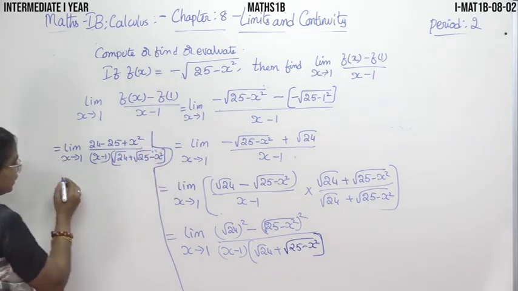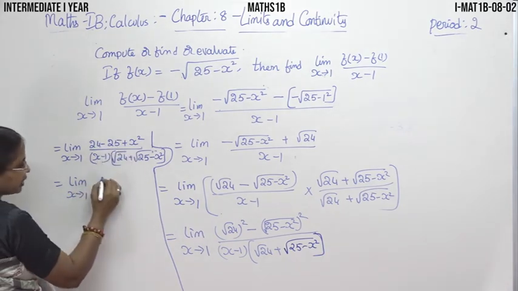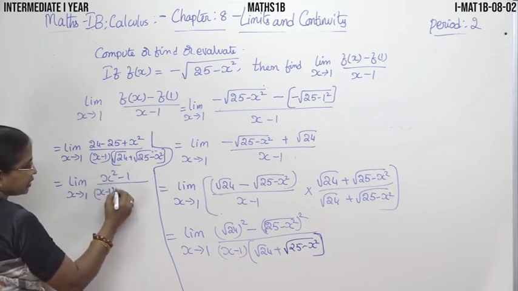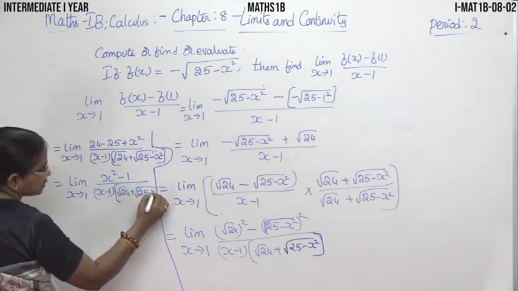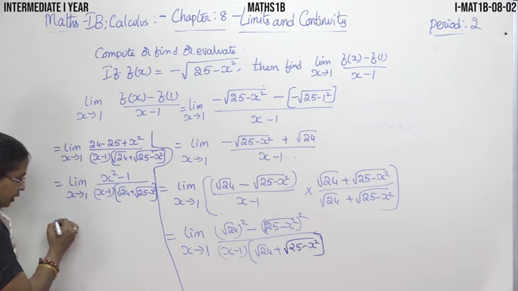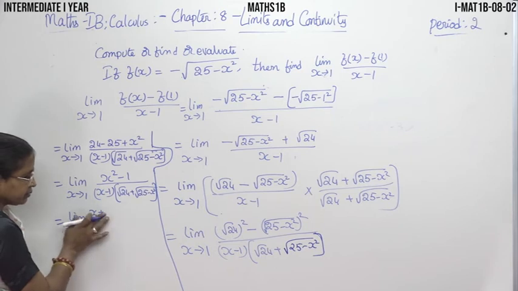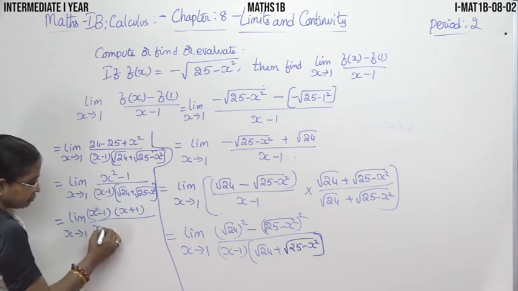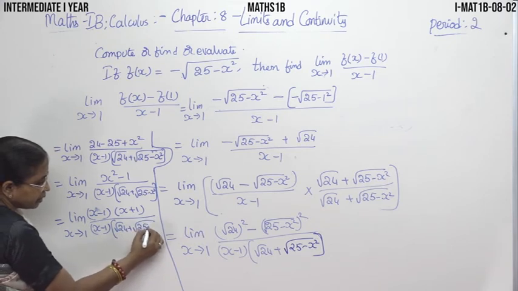So now this is x square minus 1. Again write x square minus 1 as (x plus 1)(x minus 1). Now again when I substitute 1, it is 0 by 0 form only, so I am not substituting. Still I have to simplify. So I'll write (x minus 1)(x plus 1) by (x minus 1)(root 24 plus root of 25 minus x square).